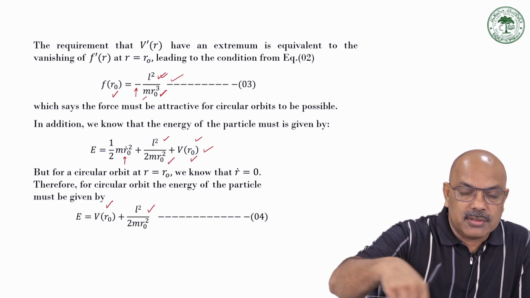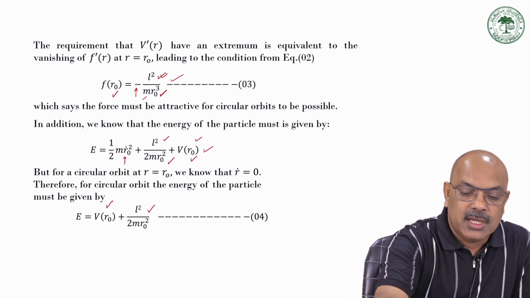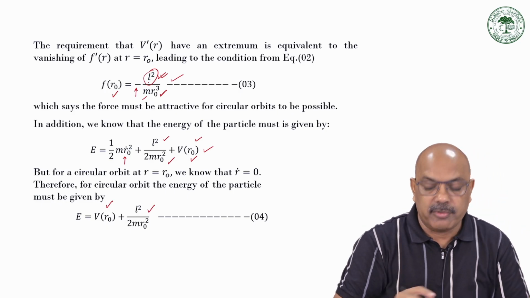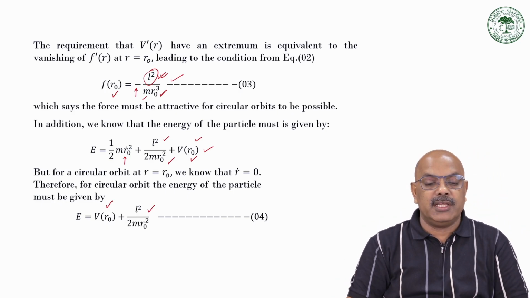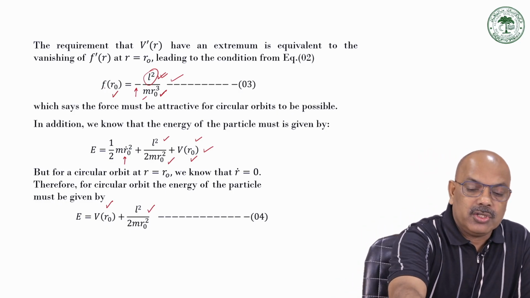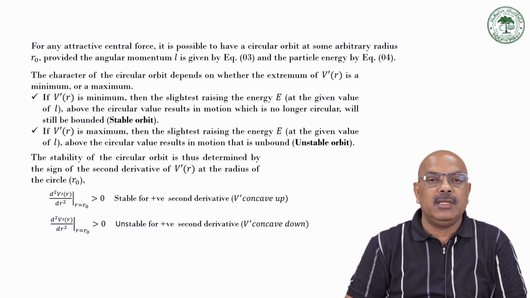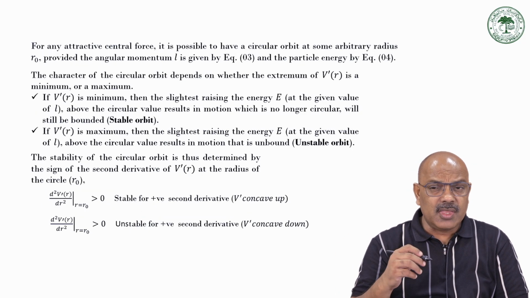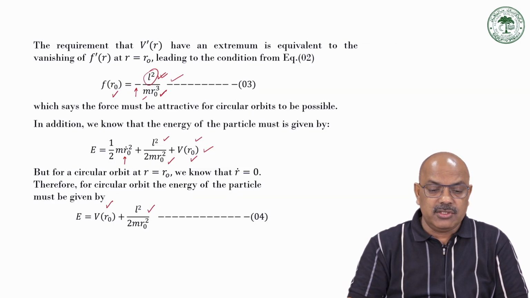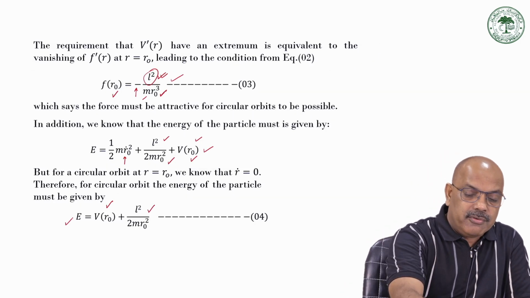Whether the orbit is going to be circular or not depends upon this L. Only if L is m r naught cubed f(r naught), the particle is going to have this circular orbit, and the energy of that should be given by equation 4.